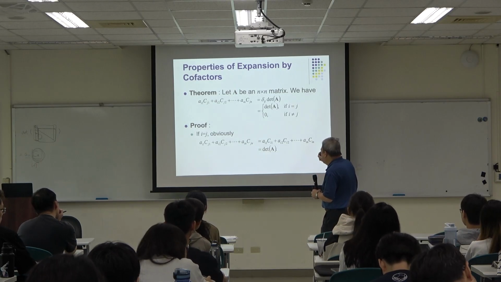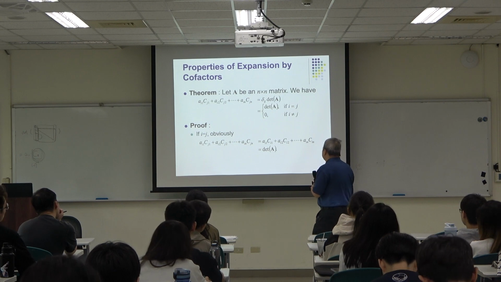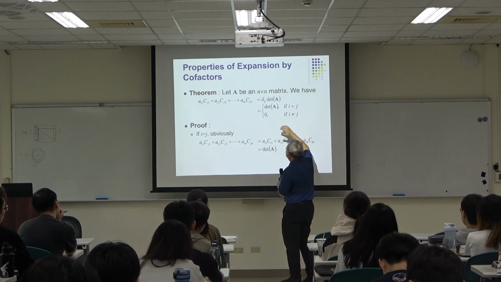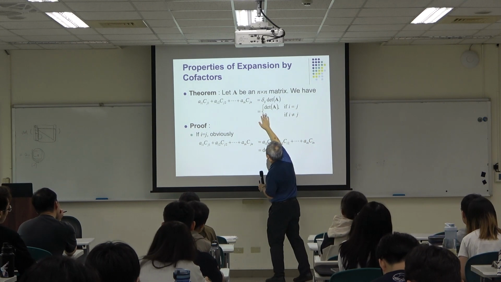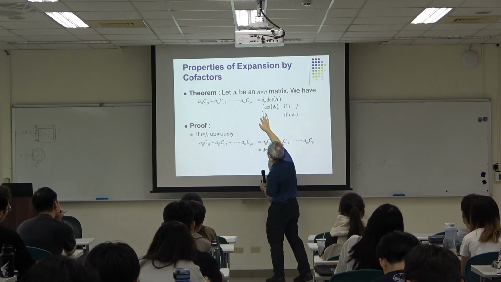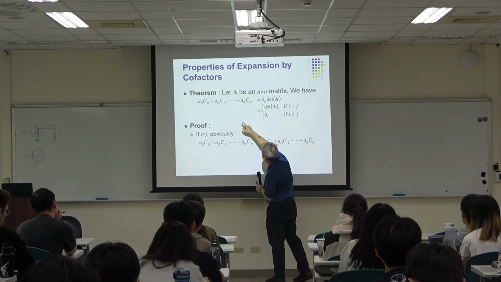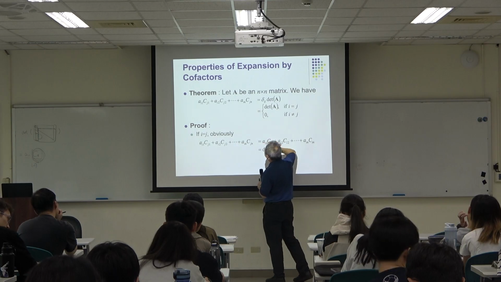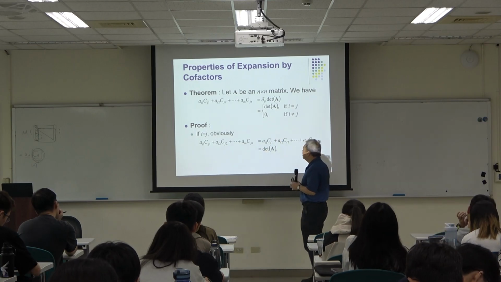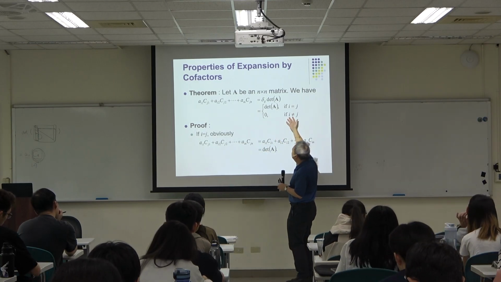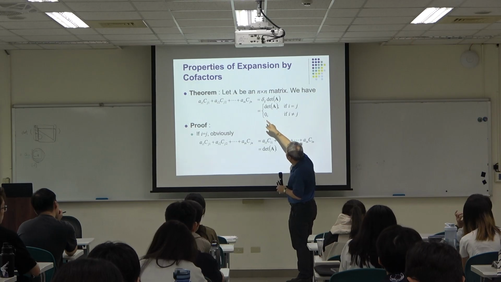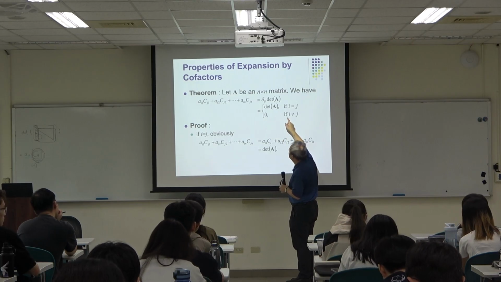And the zero otherwise. The proof is more important for the second part. If I and J are different, this thing will end up being zero. So you can write that as delta ij determinant A.